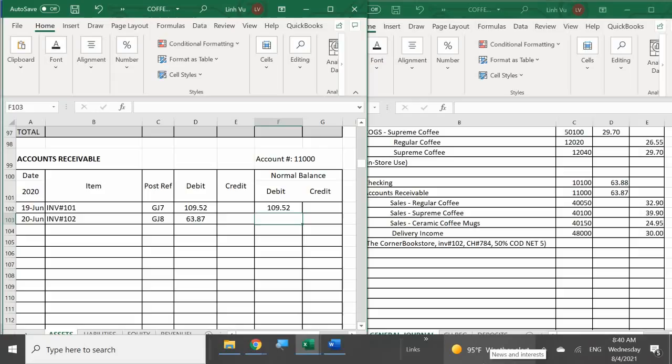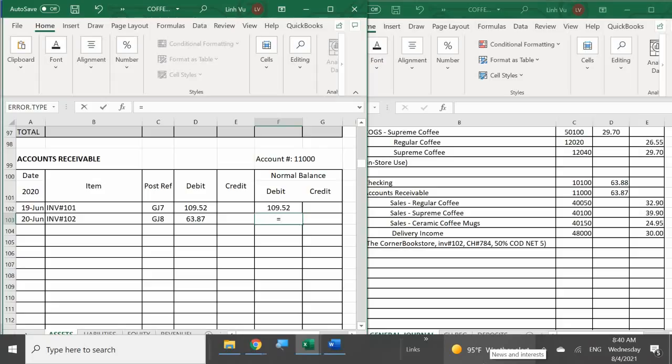So what's my formula going to be to determine my account balance in accounts receivable? I didn't put the formula in, but I got 109.52. If you did do the formula, can you tell me what I do? 173.39.